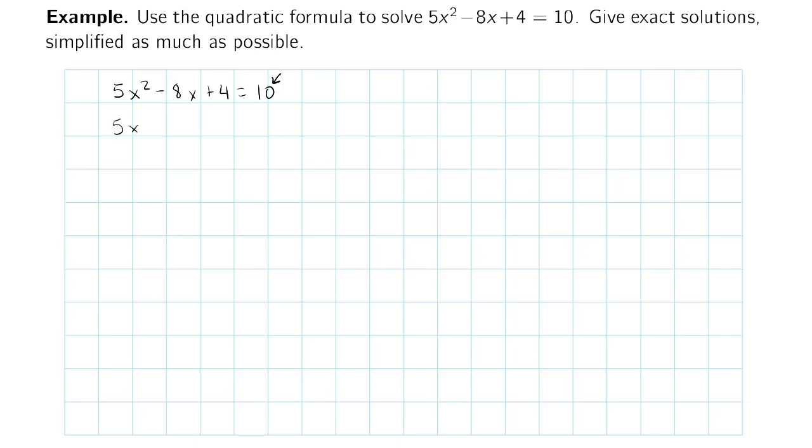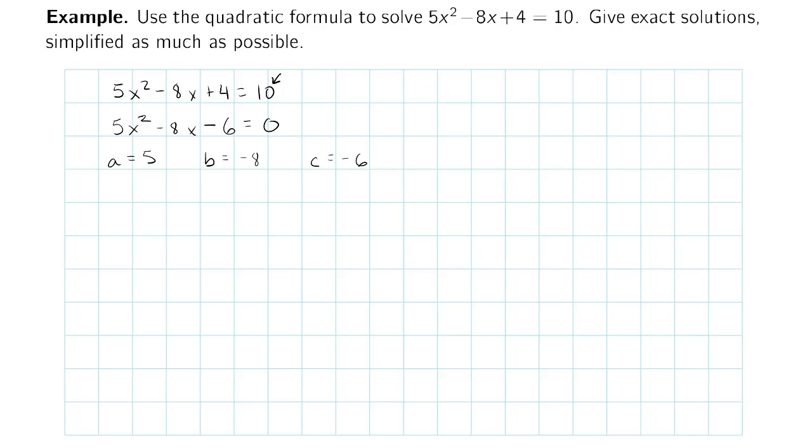So 5x squared minus 8x. 4 minus 10 is negative 6, so minus 6 equals 0. A is 5, B is negative 8, C is negative 6.